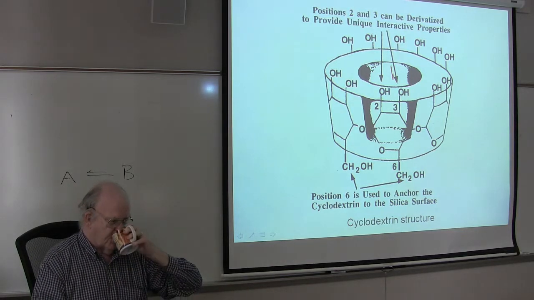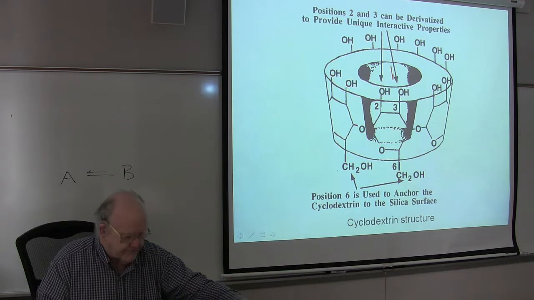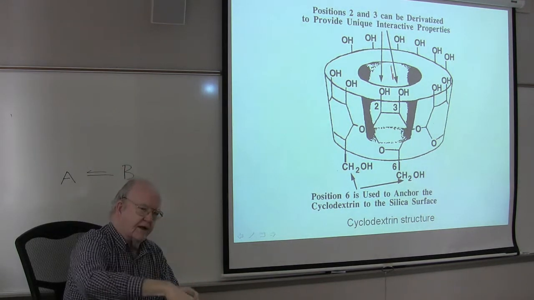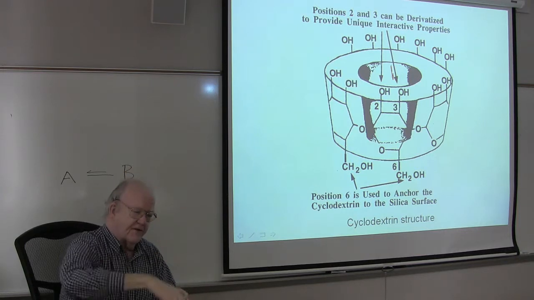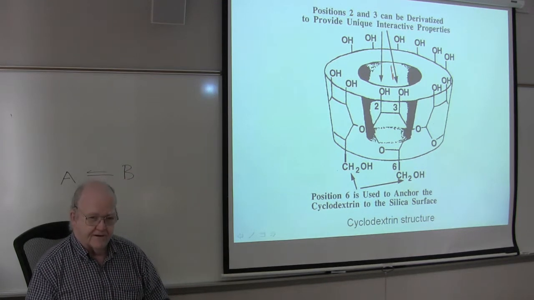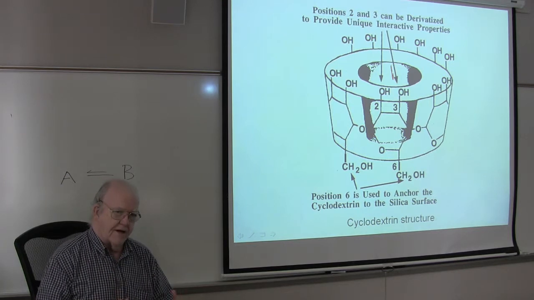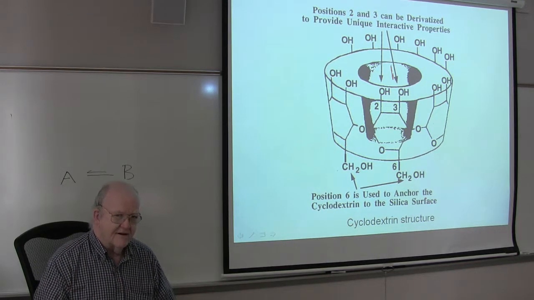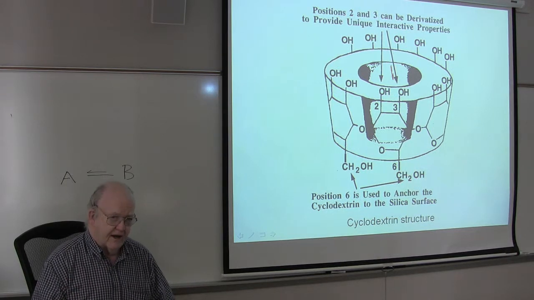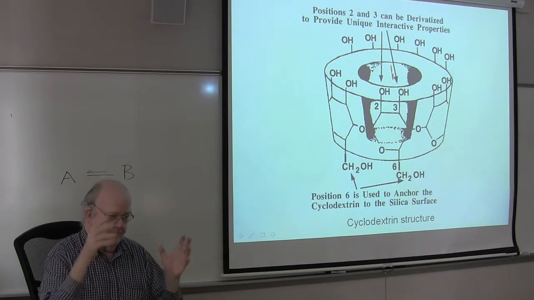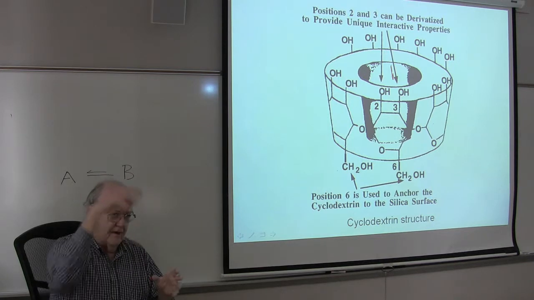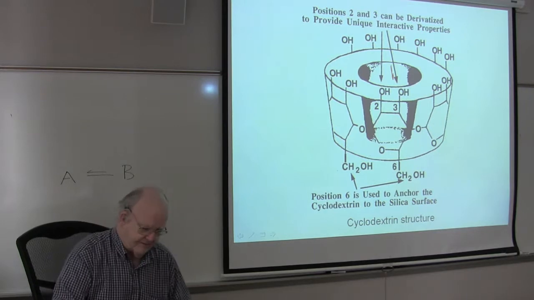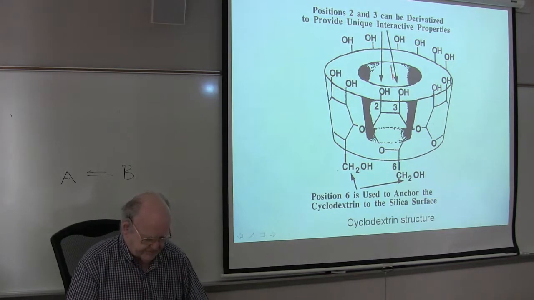Now, the process of these molecules going in and out of that ring is a rather fast process on a chromatographic timescale. If it were not, this would produce terrible looking peaks. You might even get multiple peaks for your analyte. But as long as this is in excess and it complexes all of your solute, this rate is sufficiently fast that it gives very nice looking chromatographic peaks.